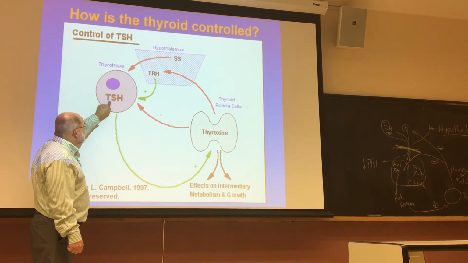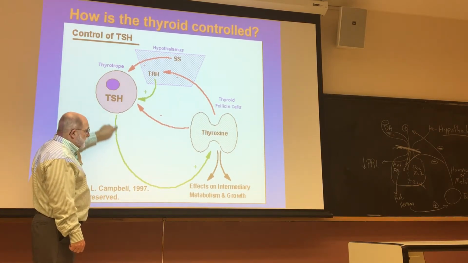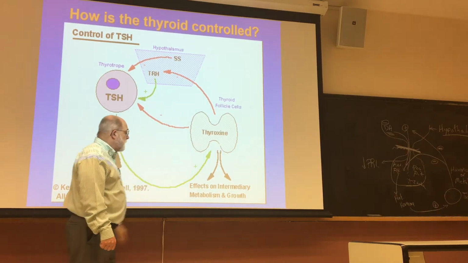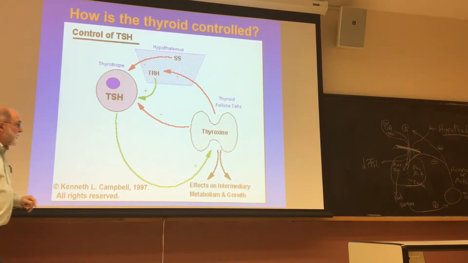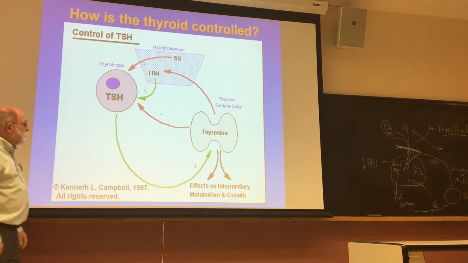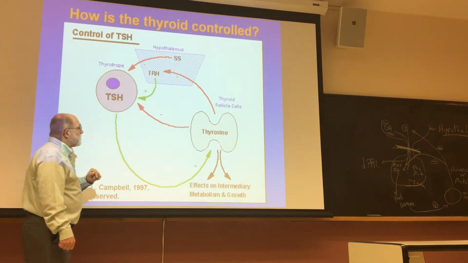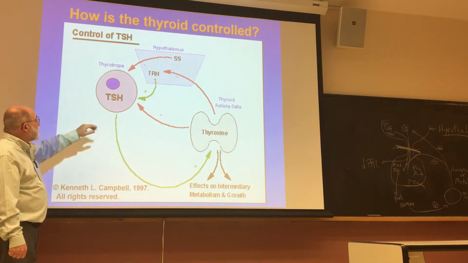This cell is producing thyroid stimulating hormone, which is going to act at the level of the thyroid tissue, specifically the thyroid follicle cells that produce thyroxine and triiodothyronine. Okay.